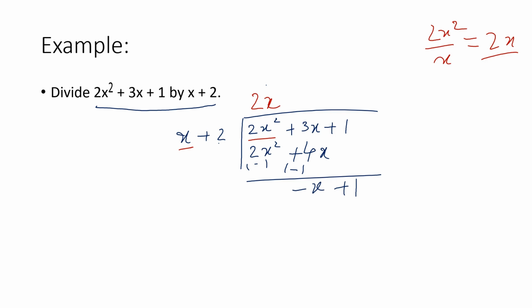Okay, right? Then again, what we do is take the first term of the new dividend and the first term of the divisor and divide it. So minus x divided by x. What we get is minus 1. So we can write it as minus 1 here.